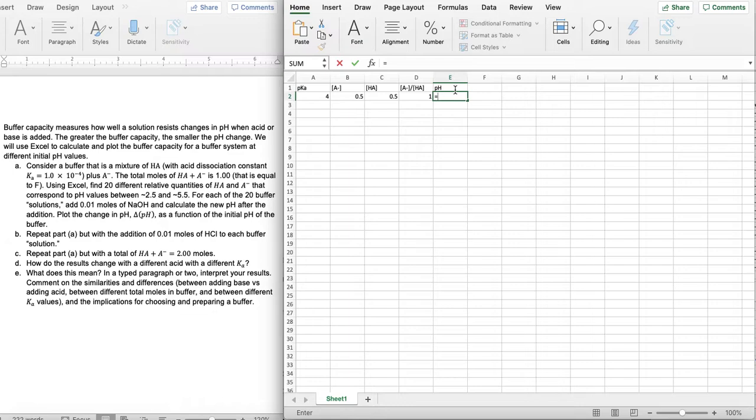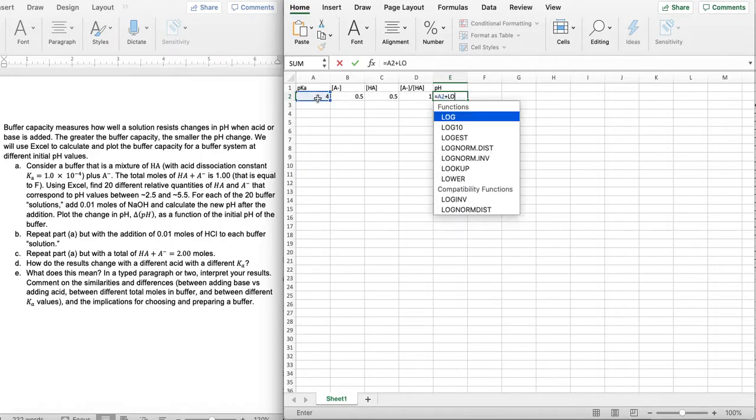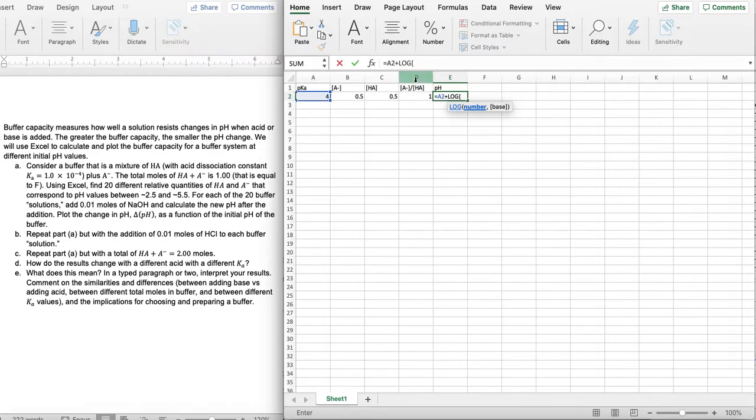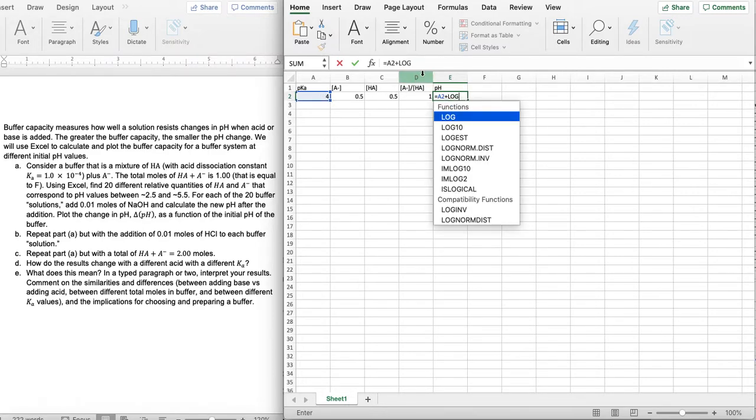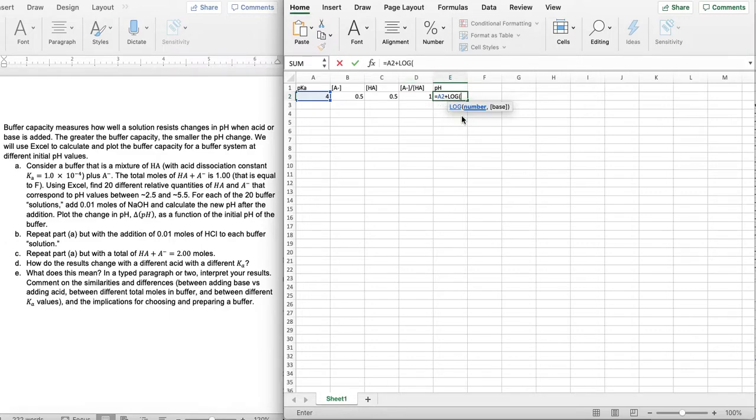So equals, so remember pH is pKa plus log of base over acid. So pH is the pKa, so it's right there, plus log 10. This is if you want to choose different bases, like base e or base 2 or anything you want.